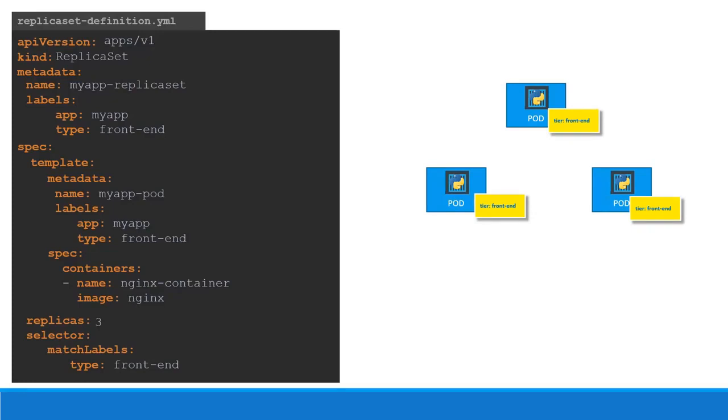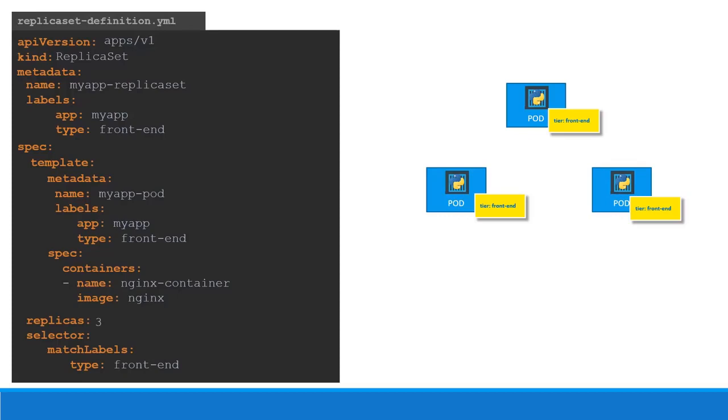Say, for instance, we have the same scenario as in the previous slide, where we have 3 existing pods that were created already, and we need to create a replica set to monitor the pods to ensure there are a minimum of 3 running at all times. When the replication controller is created, it is not going to deploy a new instance of pod, as 3 of them with matching labels are already created.